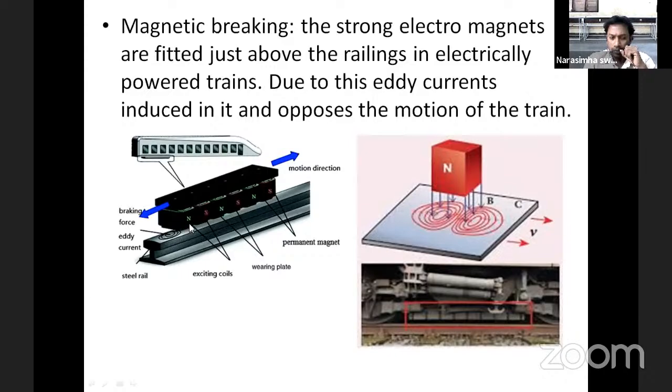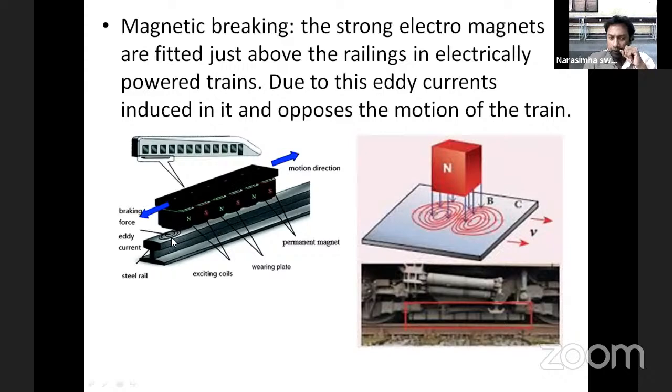Then what happens here? Look at this, eddy currents are generating. Due to the change in magnetic field, eddy currents are generated on the tracks, that is the rails. Due to the eddy currents, what happens? It opposes the motion. The train is in motion, so there will be a change in magnetic flux.